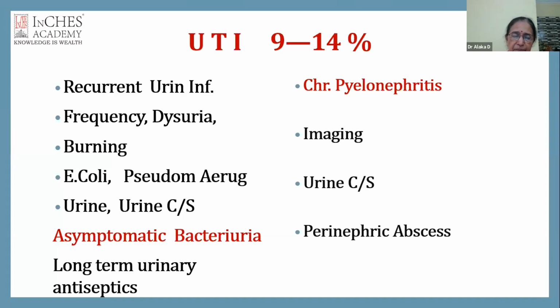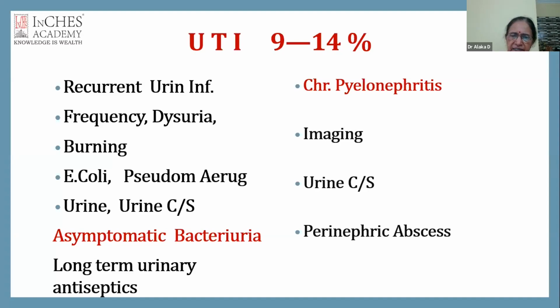But again, we must rule out if there is any obstructive uropathy, because whenever there is an obstruction, there is a stasis, and that is again a good invitation for the bacteria to come and flourish. So please do sonography to find out if there is any obstruction, any stone, or any stricture. Therefore sonography is a must in these patients.